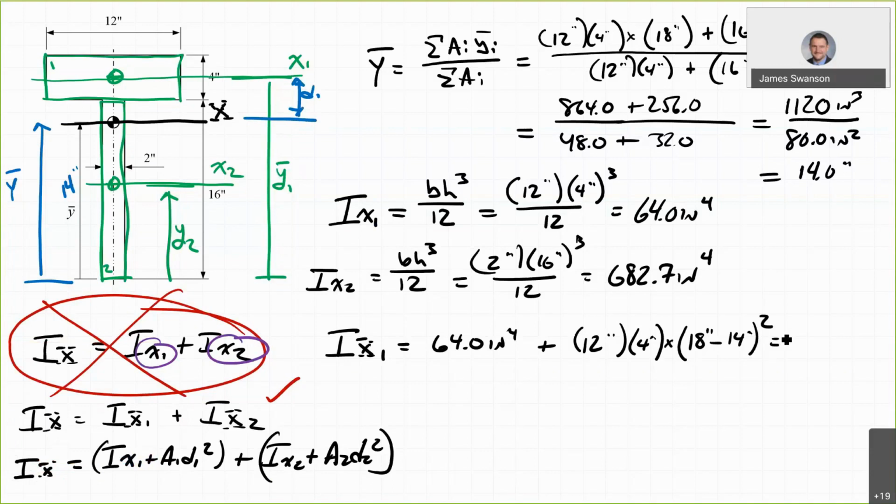So it's 64 plus 4 squared times 4 times 12, which gives me 832 inches fourth.